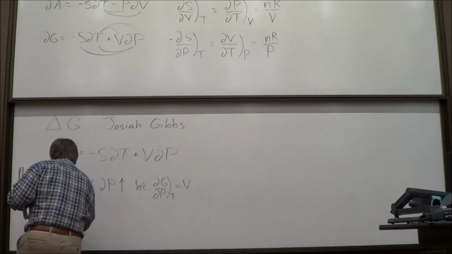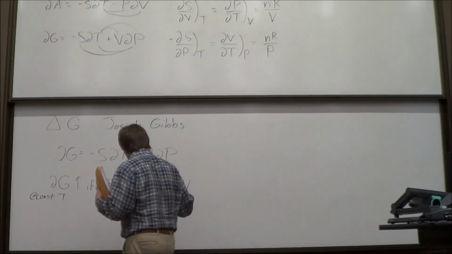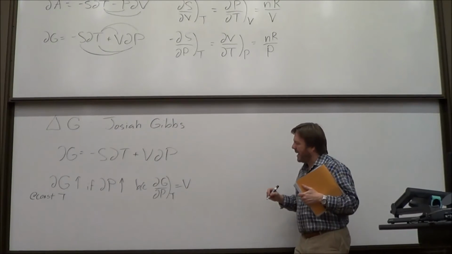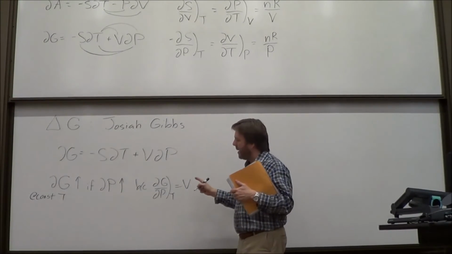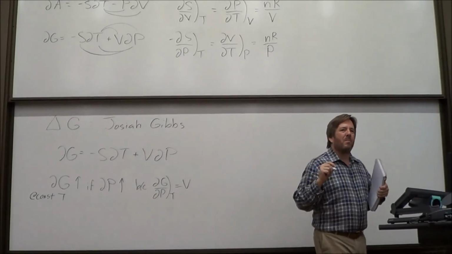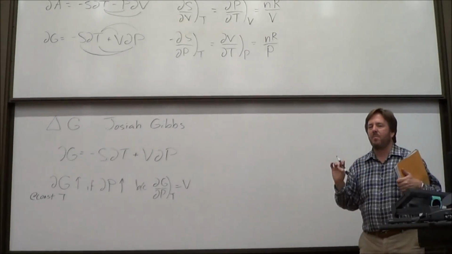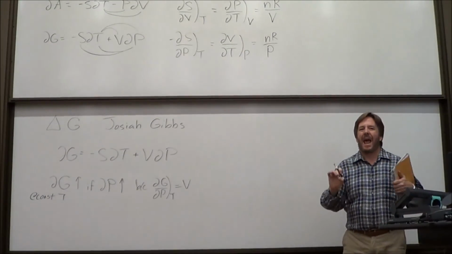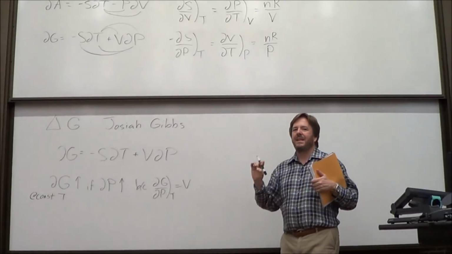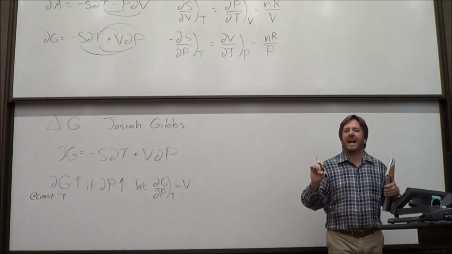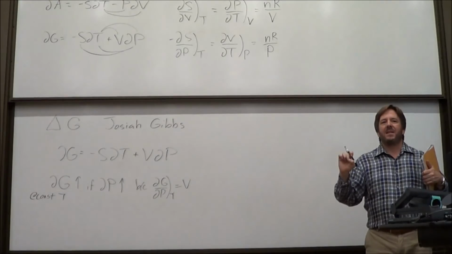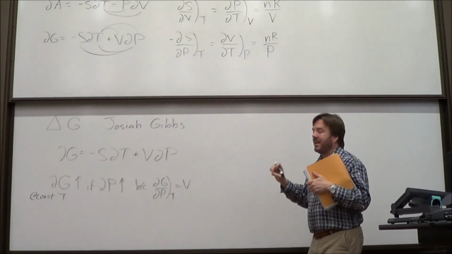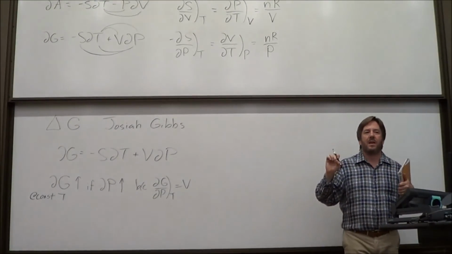Okay, now let's do another one. So this is kind of brainless. And I would actually kind of call that bad. Let's call that bad. Why? Because remember that we're going to live in a constant temperature, constant pressure world, and we want things to happen, right? Things need to happen, and that means delta G is negative. Delta G is negative means total entropy increases, again, at constant temperature, constant pressure.